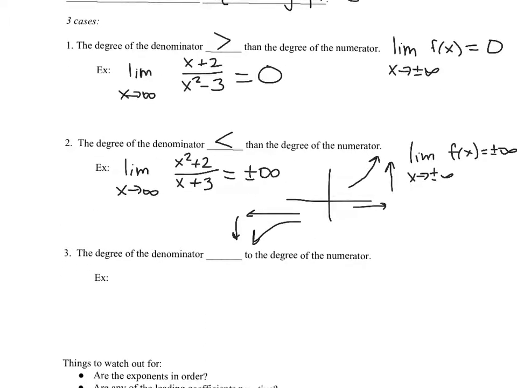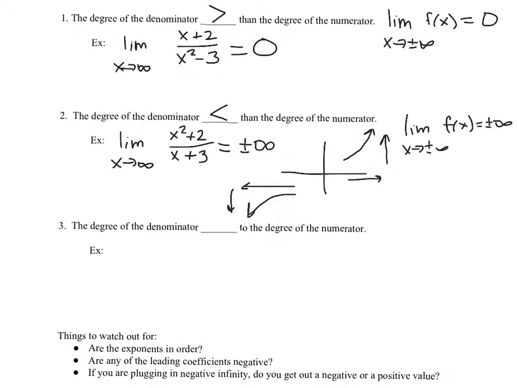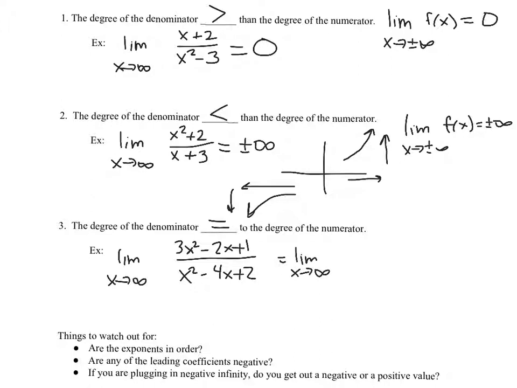The last case, of course, is if they are equal. So let's say the limit as x approaches infinity of 3x squared minus 2x plus 1 over x squared minus 4x plus 2. Well, in this case, we can actually rewrite this limit. You can actually do this for any of them, but for this one it becomes really powerful.